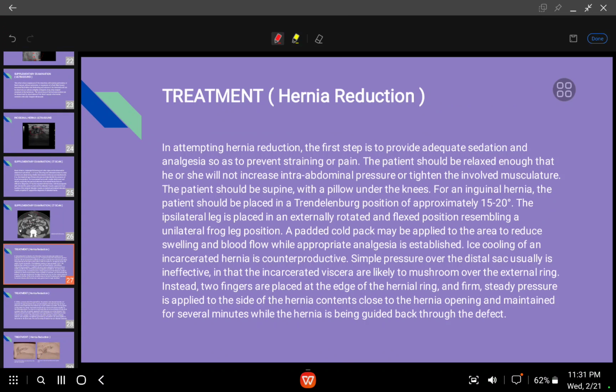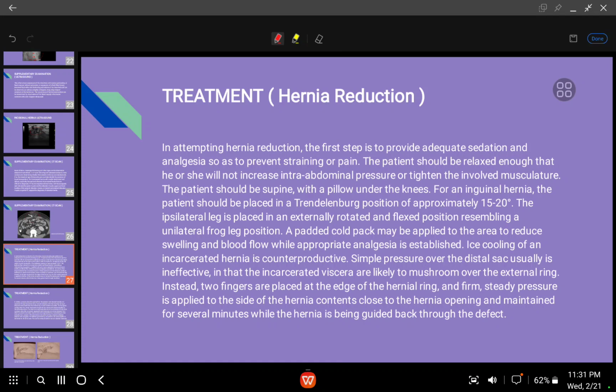In treatment, in attempting hernia reduction, the first step is to provide adequate sedation and analgesia so as to prevent straining or pain. The patient should be relaxed enough that he or she will not increase the intra-abdominal pressure or tighten the involved musculature. The patient should be supine with a pillow under the knees.